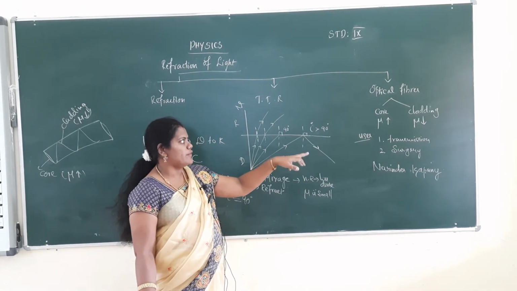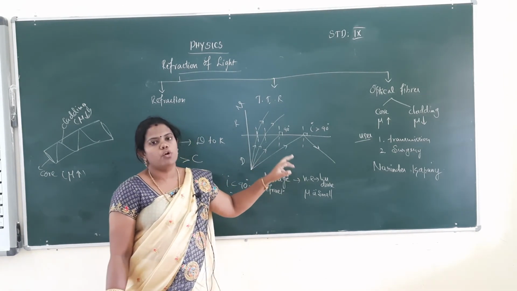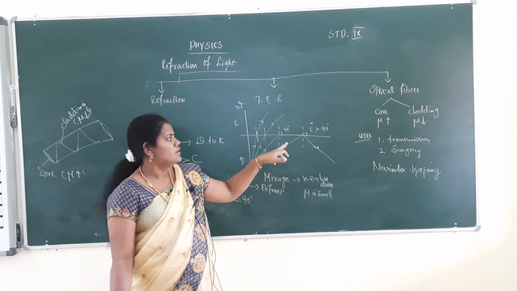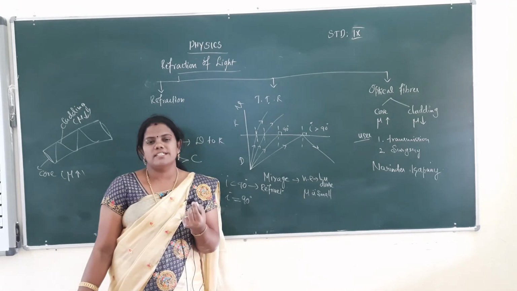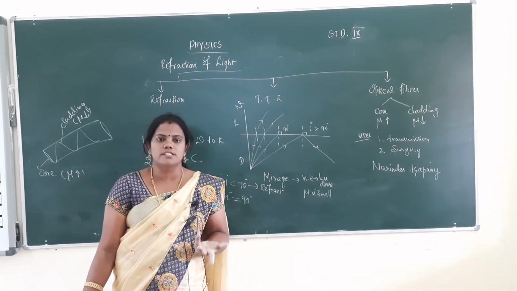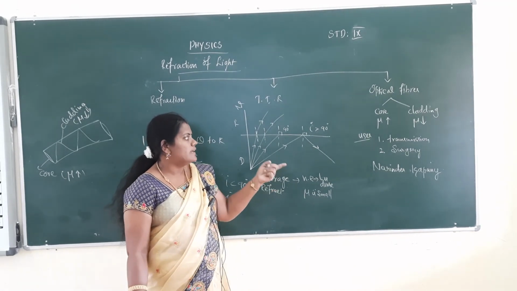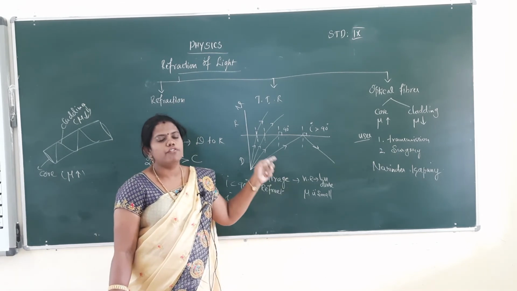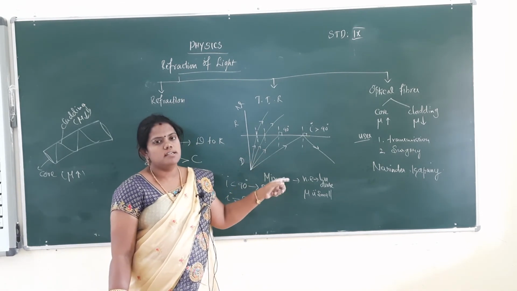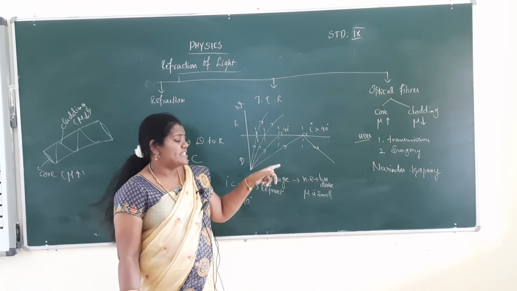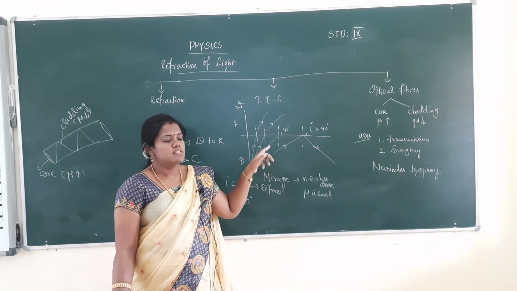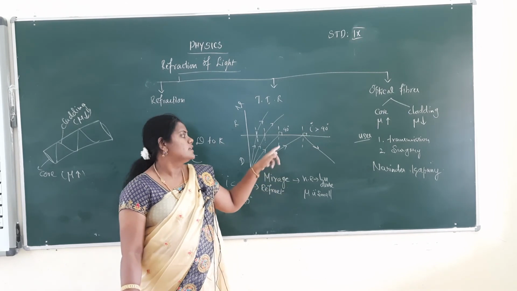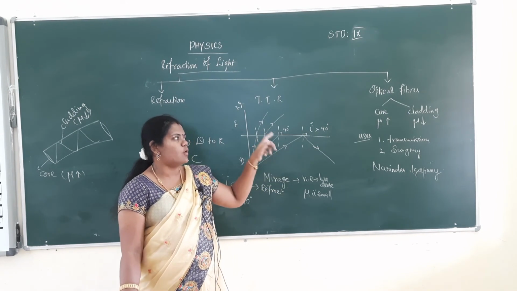Uses of optical fibers are transmission of audio and video signals, and surgery, since it is easily flexible, so surgery can be performed easily. Okay, then Narinder Kapany is the father of optical fibers. He is an Indian-born scientist.